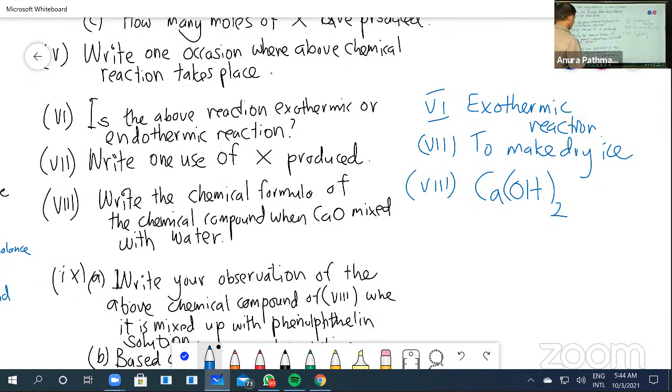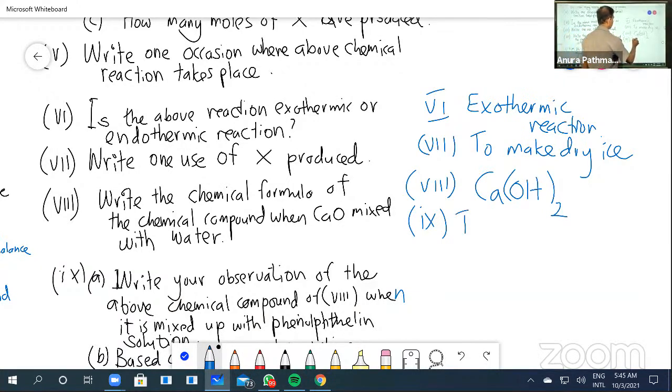Write your observation when the above compound is mixed with phenolphthalein solution. The observation is that phenolphthalein turns the calcium hydroxide into pink color.